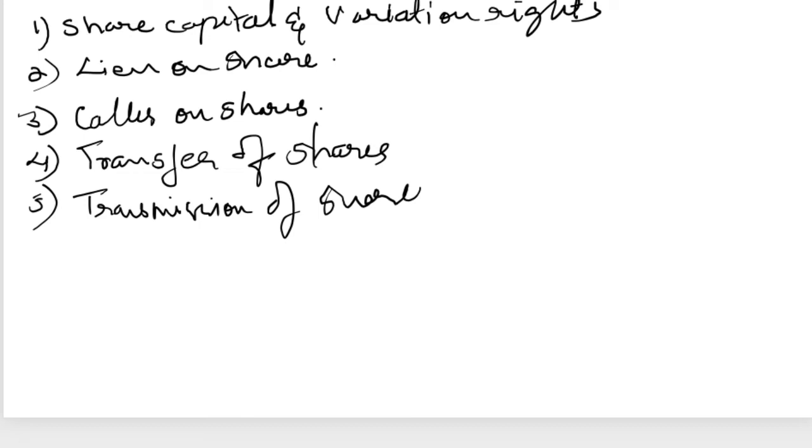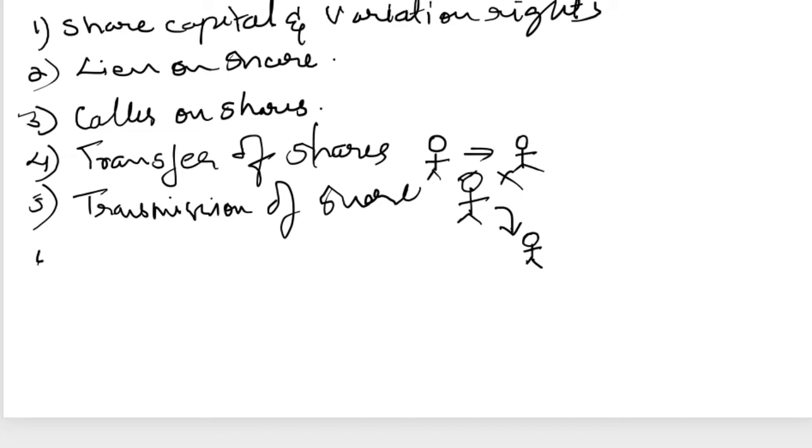Definitely his lineal descendant will get the right of the share. It will transmit to the lineal descendant of X. That is called transmission of shares. Transfer of shares is selling or buying shares from one party to another.